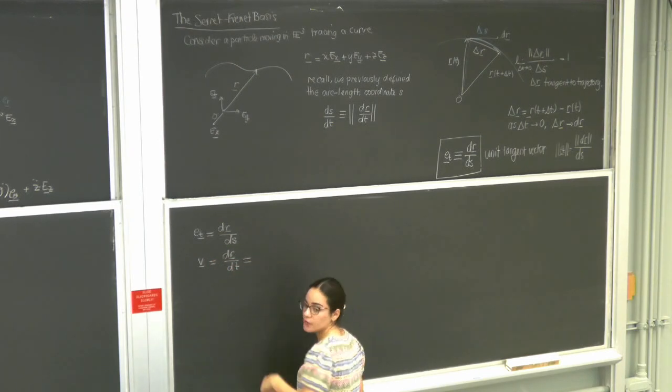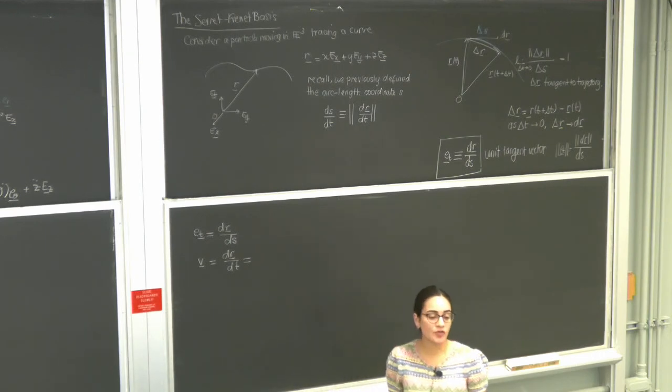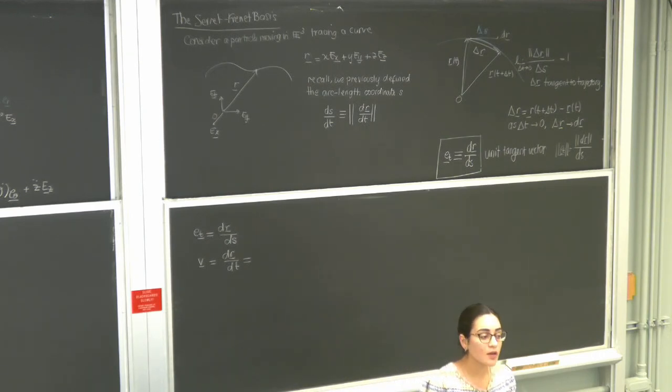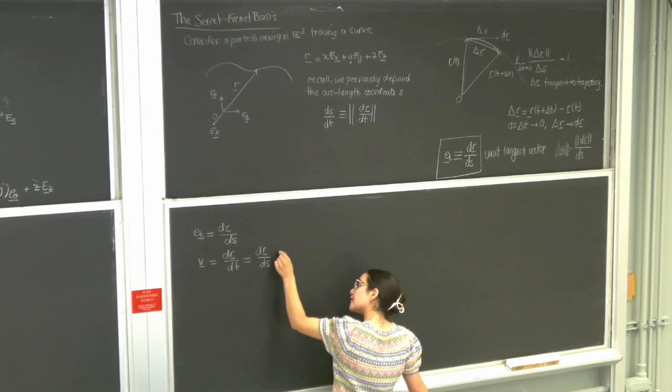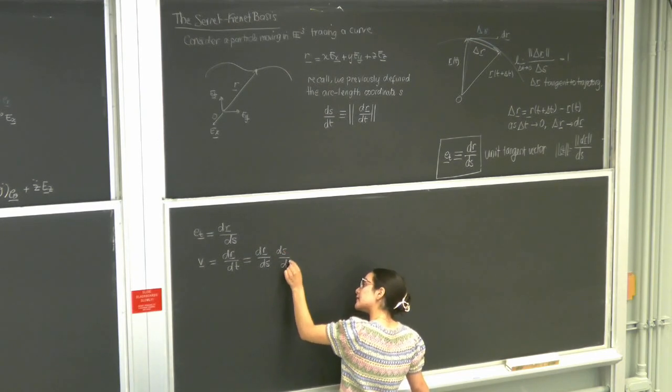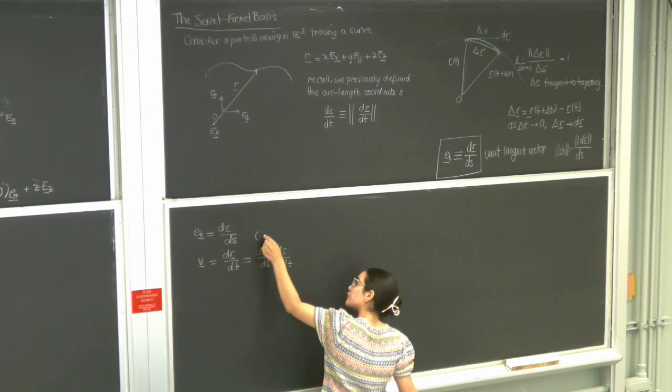That's by definition what the velocity of a particle is, the rate of change of the position vector with respect to time. Can I express that dr by dt in terms of dr by ds somehow? Yes, how? Using the chain rule. So I can write dr by ds times ds by dt. So I've used the chain rule.